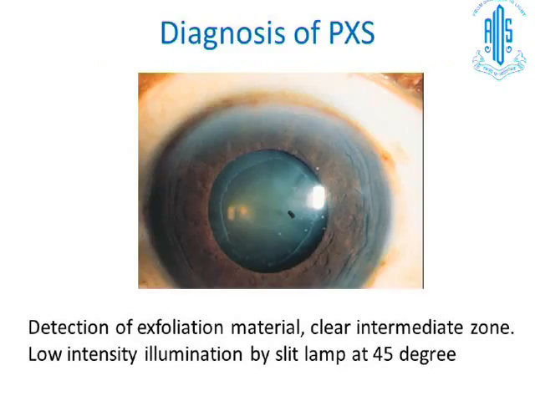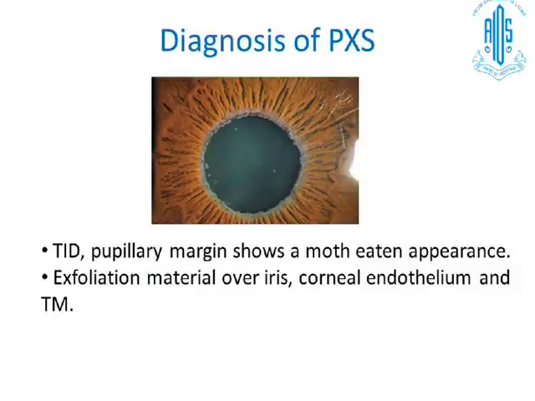Diagnosis is detection of the exfoliation material. You all know about the 3 zones, and there is a clear intermediate zone, and if you want to identify them, you must use low intensity illumination by slit lamp that makes the detection of these white deposits easy.